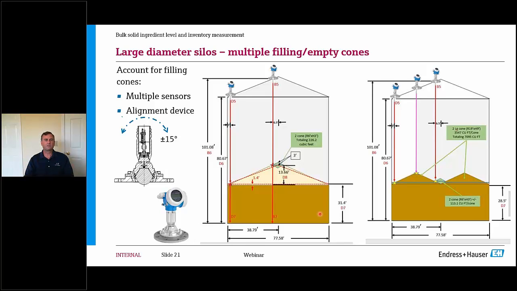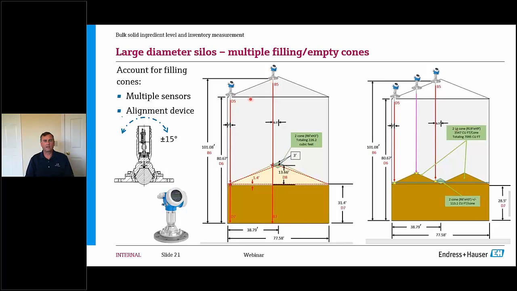And then you're coming into the scenario here, okay, where do I position my level sensor? If I have a really large silo, and or I have a steep filling cone inside here, or an emptying cone, depending on, I want to measure both when I'm filling as well as emptying, you may need to have more than one sensor.